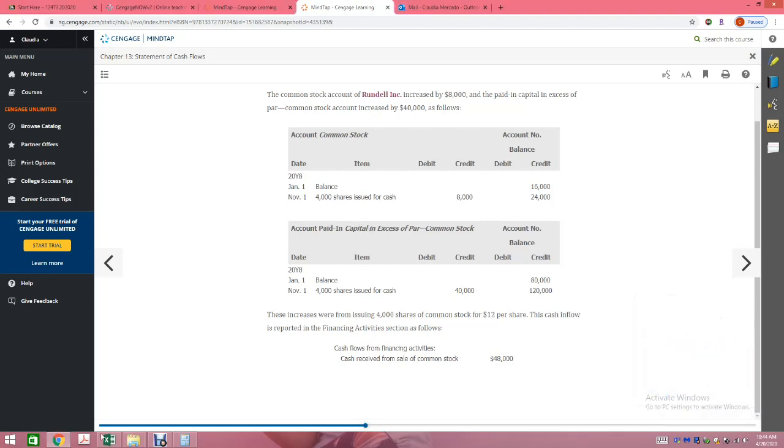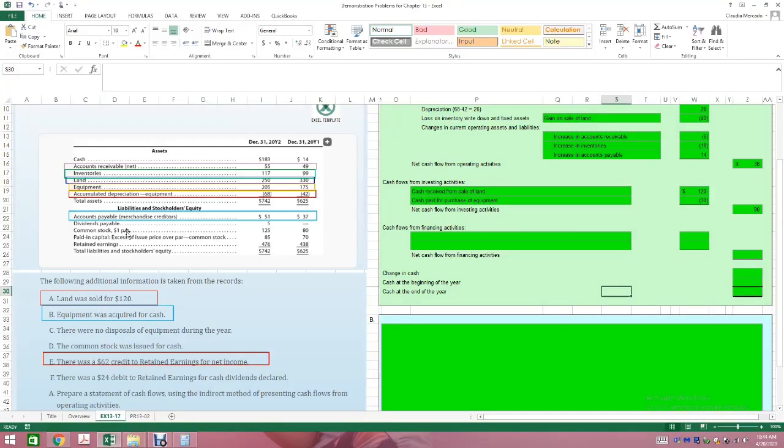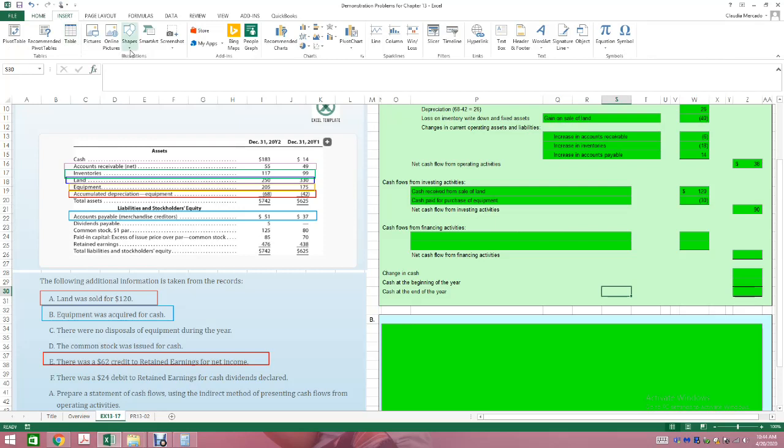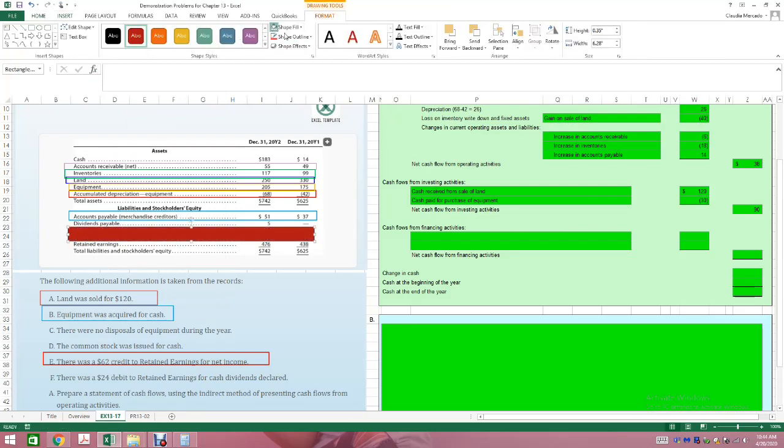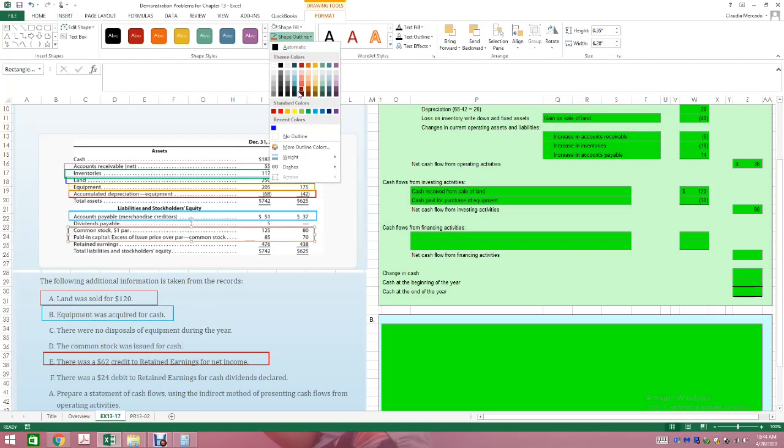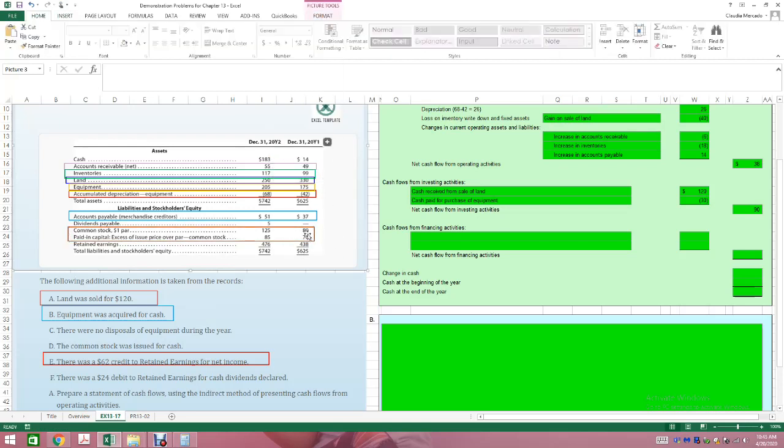So let's look over at the problem again. Let's look at what happened on those two accounts. We are looking at these two accounts right here. Let's look at our common stock account first. Common stock, we start off with 80.